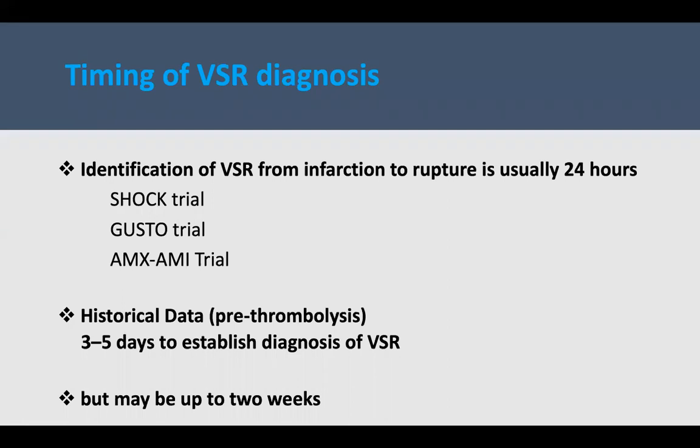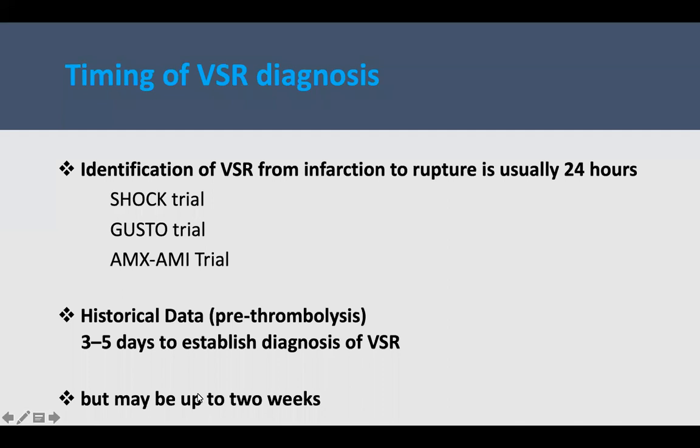What is the timing? When does the VSR happen? In a few trials, the VSR was diagnosed usually within 24 hours. It was diagnosed within 24 hours in the SHOCK trial, the GUSTO trial, and another trial. But if you see the historical data from the pre-thrombolytic era, it was diagnosed at 3 to 5 days.